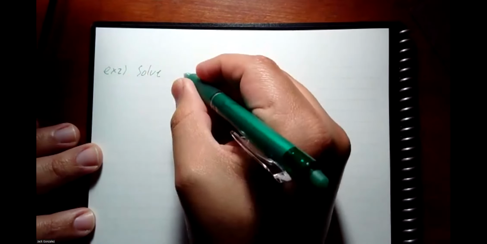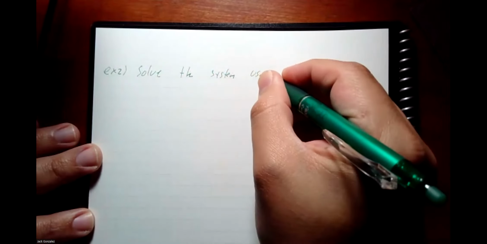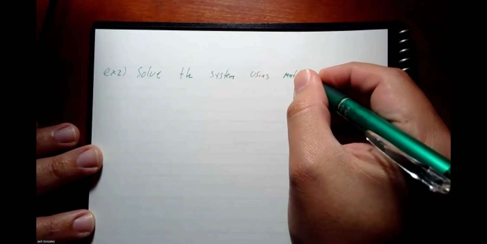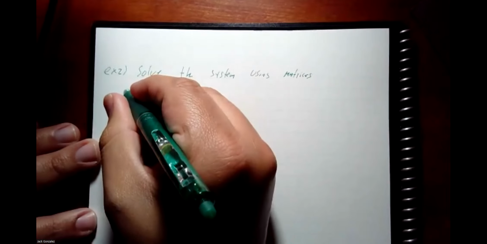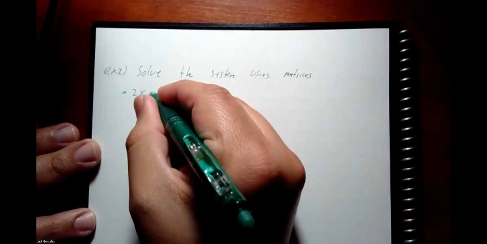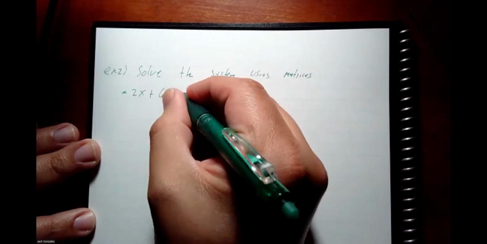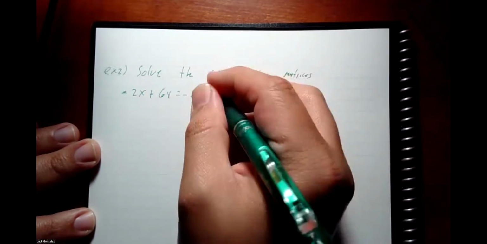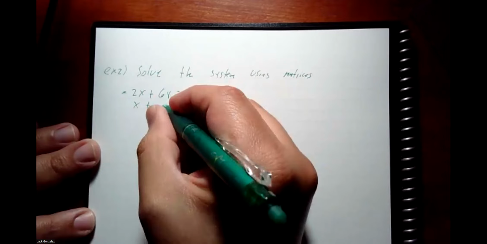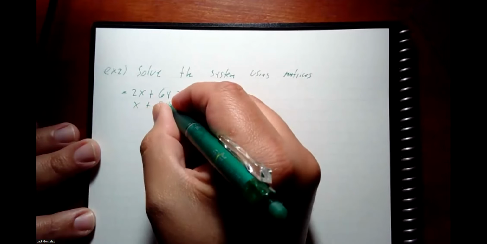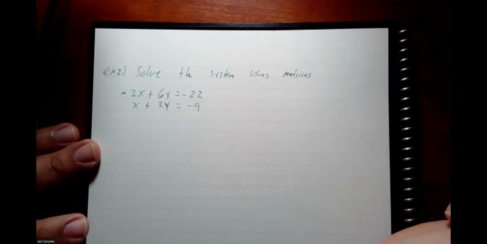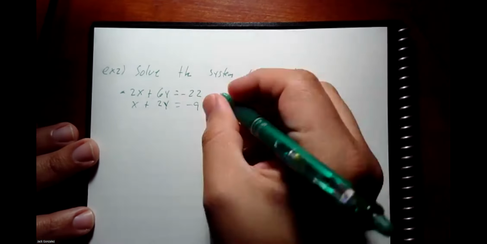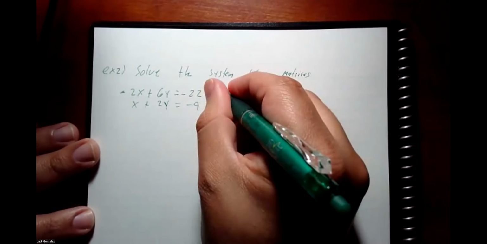Solve the system using matrices, or a matrix, whatever. -2x plus 6y equals -22. x plus 2y equals -9. So first step is change this into a matrix.